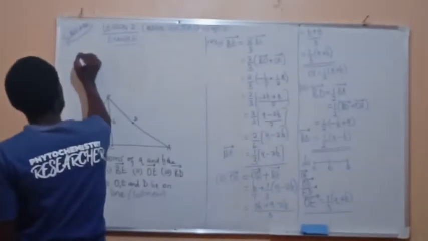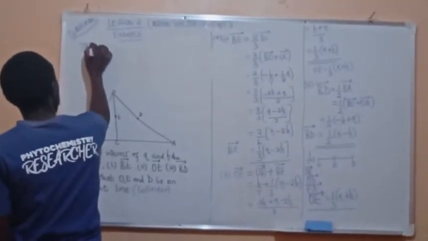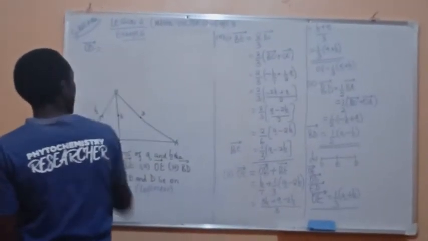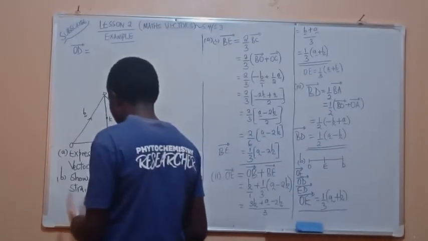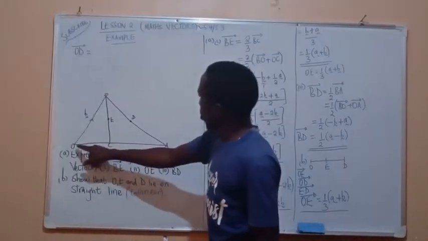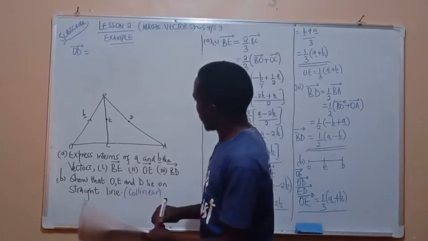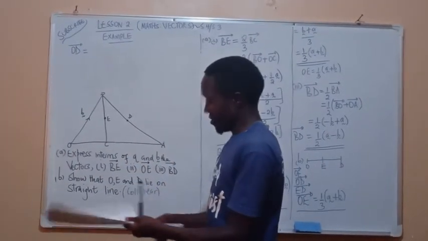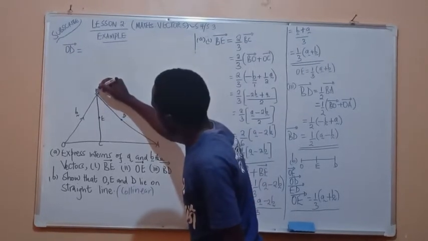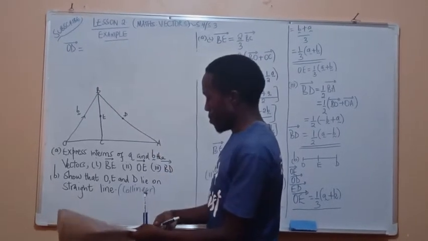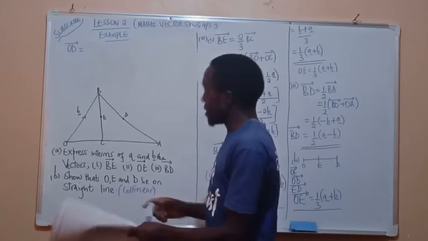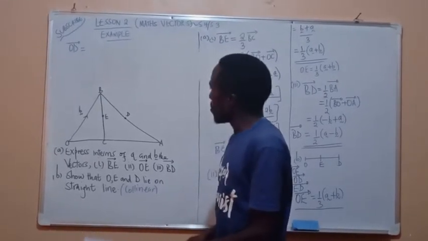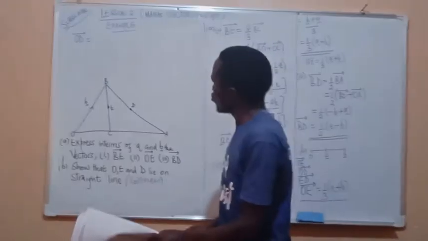Now, if I take point OD, OD is going to be equal to what? Looking at the diagram, I'm going from O up to D. This is still my point B. To move from O up to D, what am I going to do?